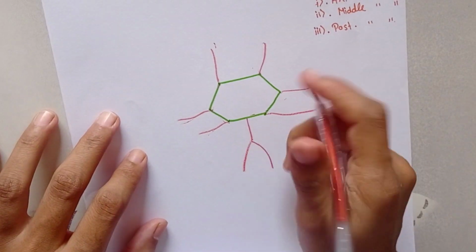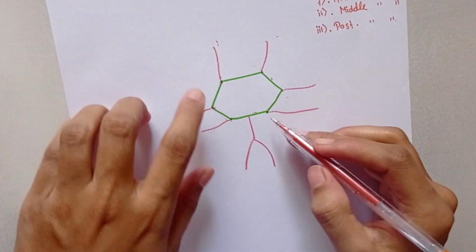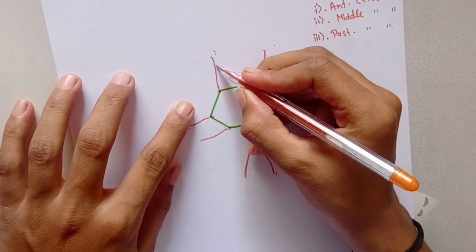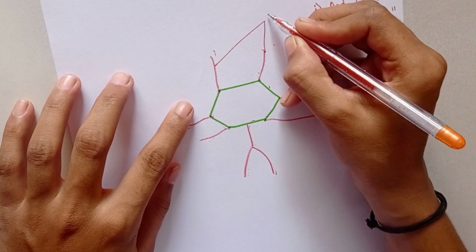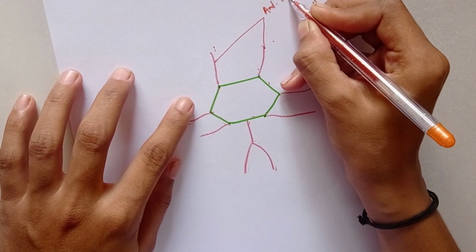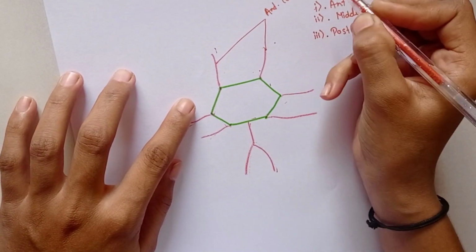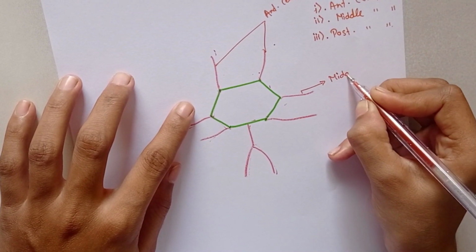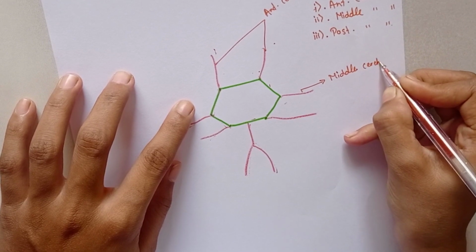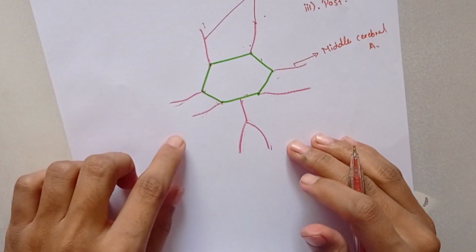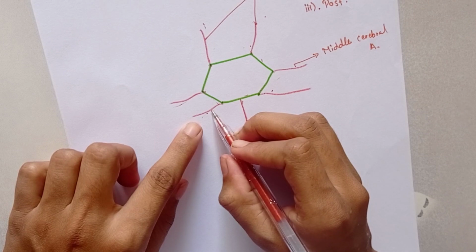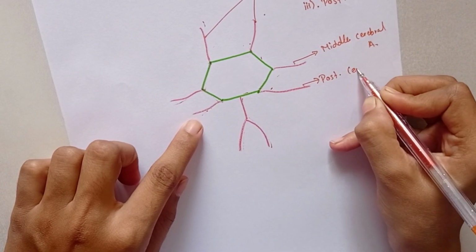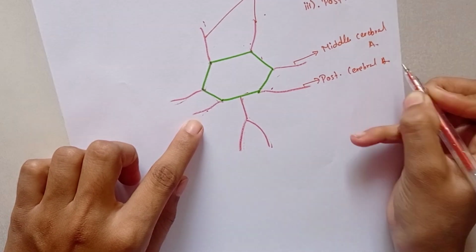Here we can see that this will be the anterior side, and this will be the anterior side. So these two branches will be the anterior cerebral artery, this one will be the middle cerebral artery, whereas these two posterior branches will be the posterior cerebral artery.